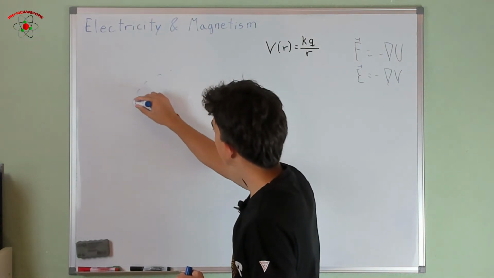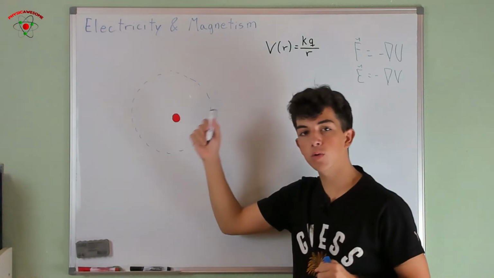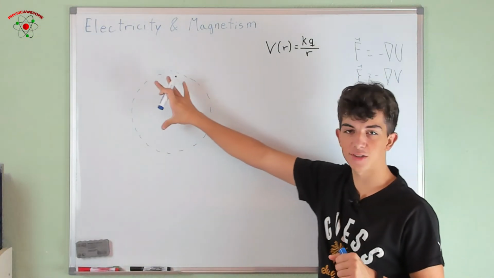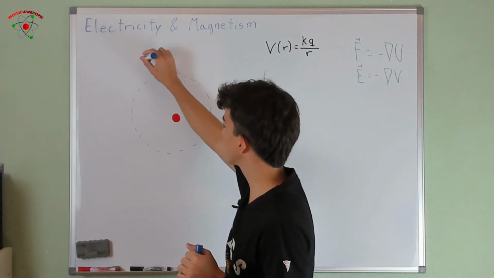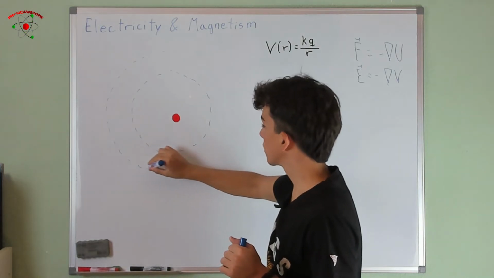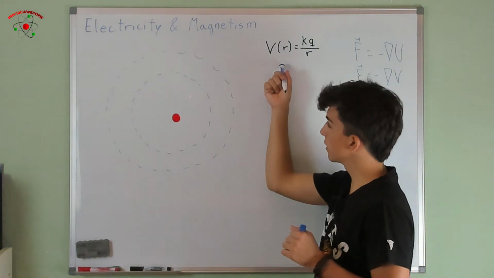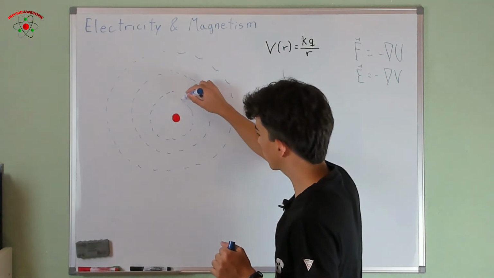So if we draw some points at which the electric potential is the same, those are going to be concentric circles, because the electric potential only depends on the distance from the particle. So imagine this is a circle with a particle in the middle. And we're going to have lots of them that are going to have different values of V. We may have one closer over here.